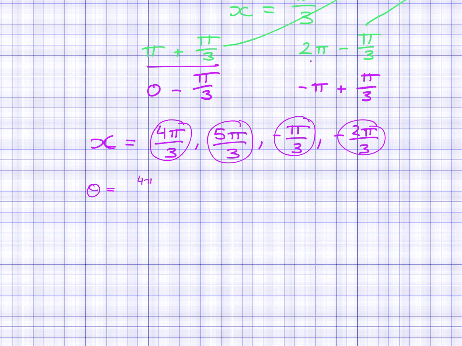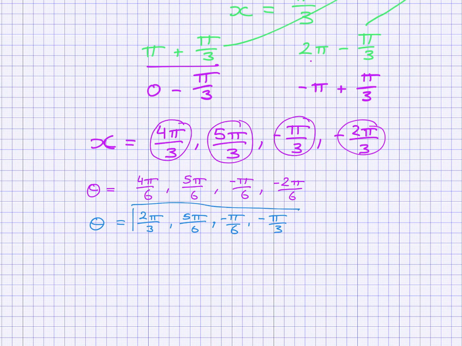So 4 pi on 6, 5 pi on 6, minus pi on 6, and minus 2 pi on 6. And then simplify if we can. You'll notice that 4/6 is the same as 2/3, 2 pi on 3. 5 pi on 6 can't be simplified. Minus pi on 6 can't be simplified. And 2/6 simplifies to minus pi on 3. So here are my 4 solutions.